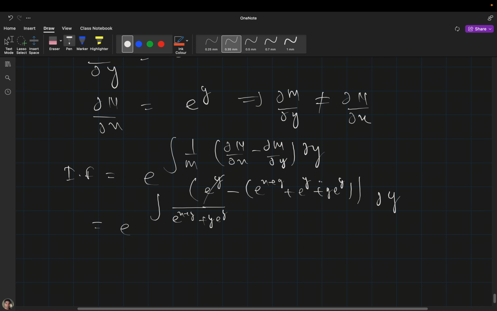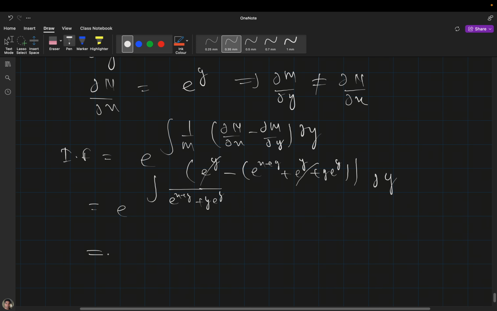You can see that this term will be cancelled out, and by taking minus 1 common, you will see the numerator and denominator are exactly the same. So that will be −1 dy, so it will be e^(−y). This is your integrating factor.